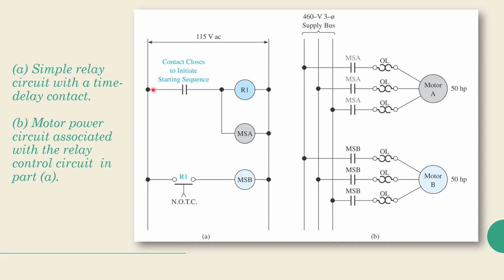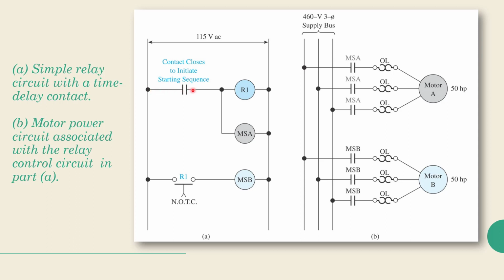Here's another similar example where I'm using 460 volt. These are three-phase motors. I have two three-phase motors, 50 horsepower each. And here's my control circuit. It's 115 volts. And what I do here is I've got some sort of a contact, either a switch that an operator toggles or an output from a PLC.